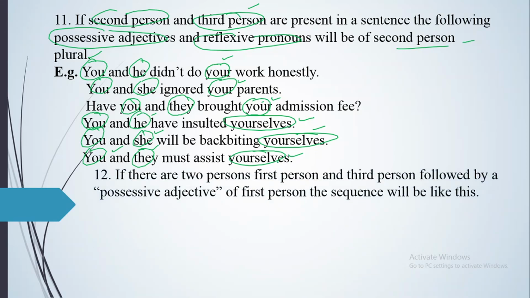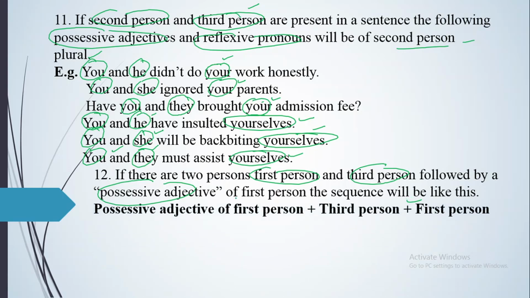Rule number 12 we have got, if there are two persons, first person singular and third person, followed by a possessive adjective of first person, the sequence will be like this. What will be the sequence?